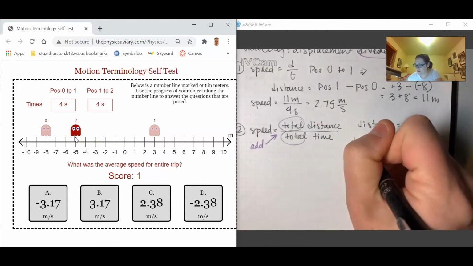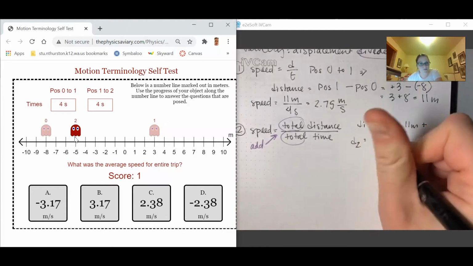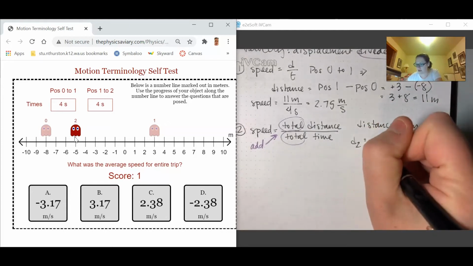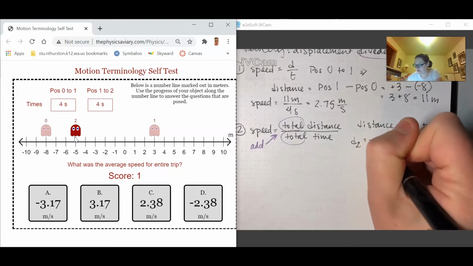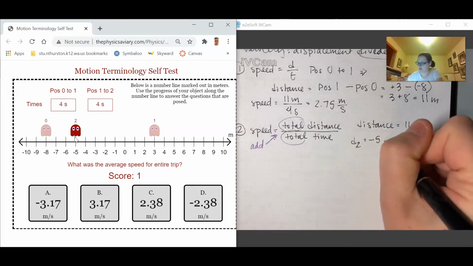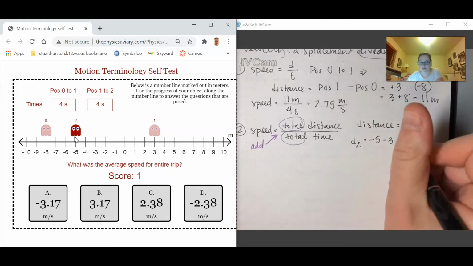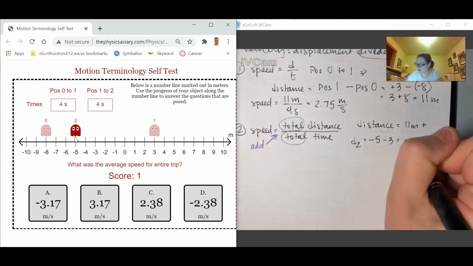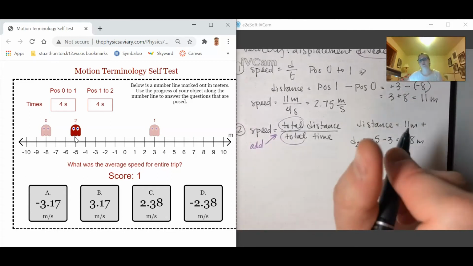So my distance for leg 2 is going to be my final position, which is negative 5, minus where I started, which is 3. This is negative 8 meters. Now here's an important piece.